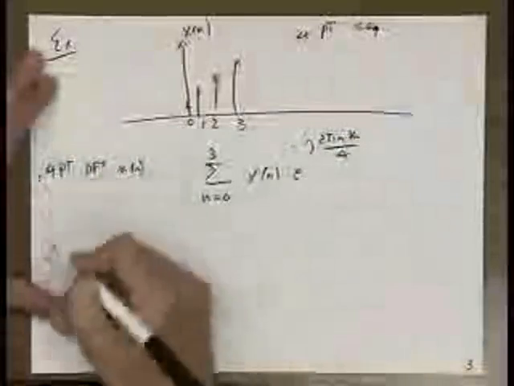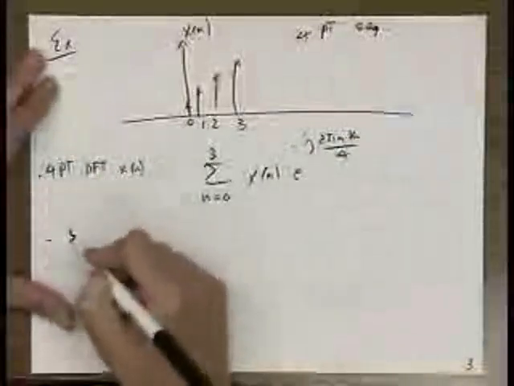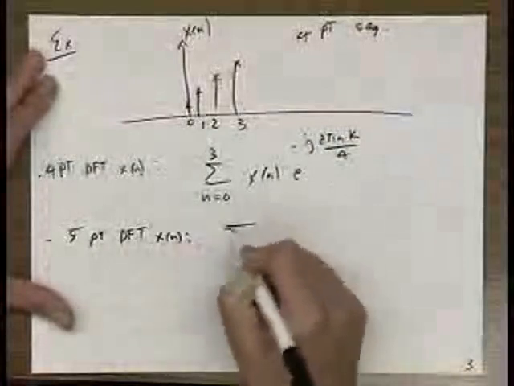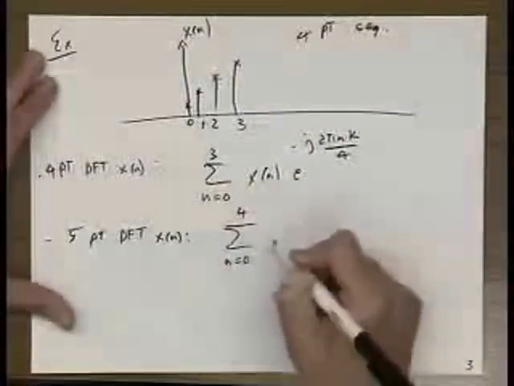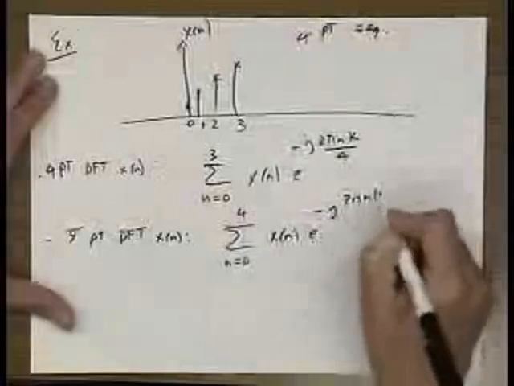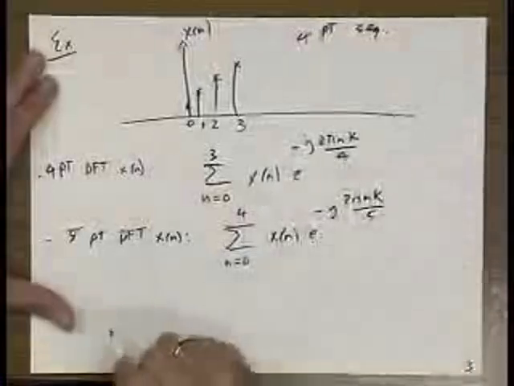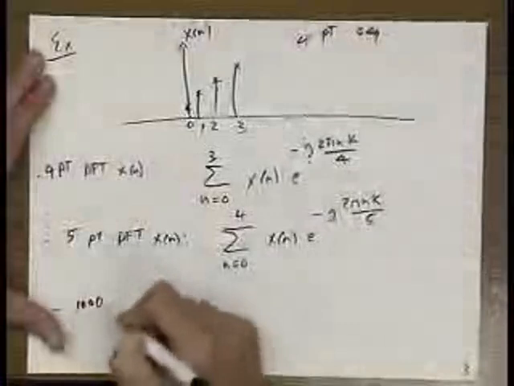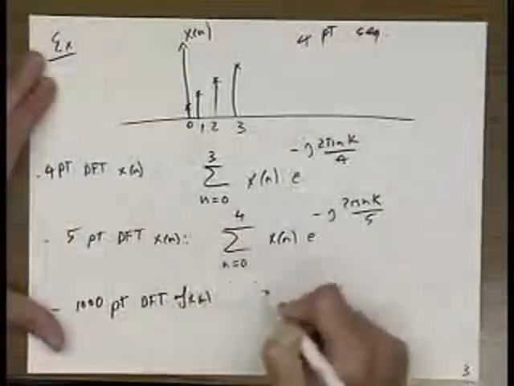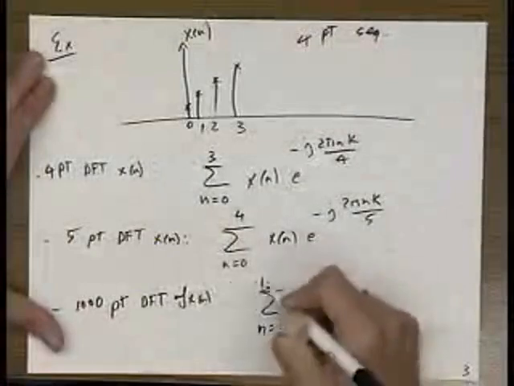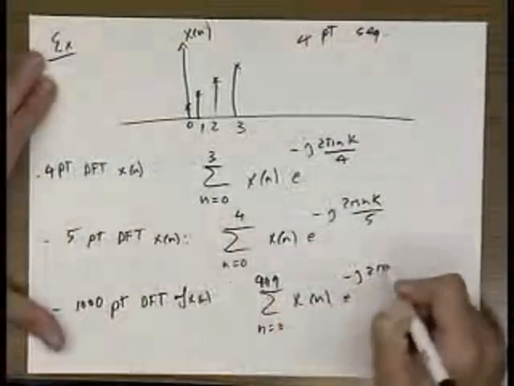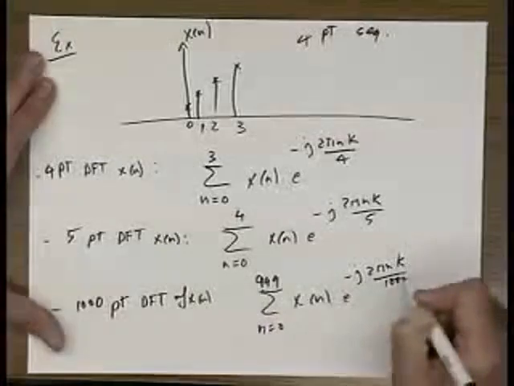Okay, or I can take a 5-point DFT of x of n, and that would be summation from n equals 0 to 4 of x of n e to the minus j 2 pi n k over 5. Okay, or I can take a 1,000-point DFT of x of n. And what I would get then is n equals 0 to 999 x of n e to the minus j 2 pi n k over 1,000.